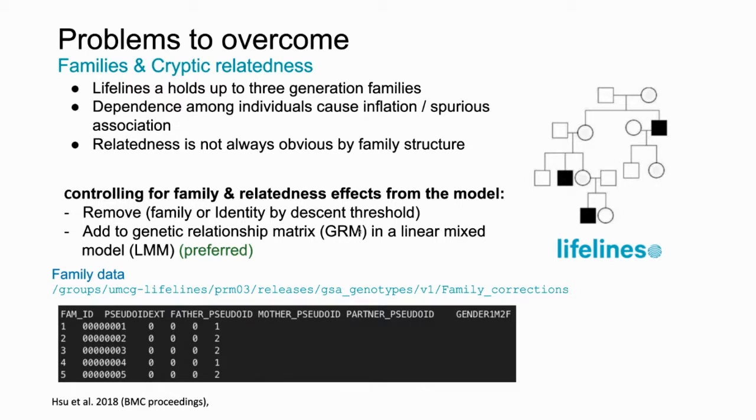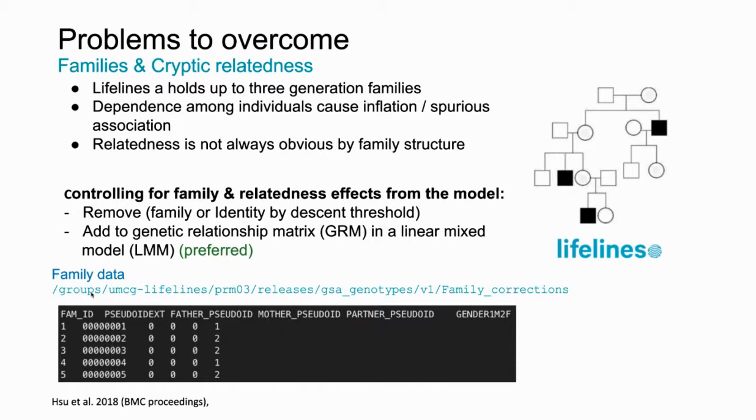That can be added into the model, maybe in a linear mixed model, which takes this as a random effect. So it's a special model for clustered data. You don't really have to care much about that because the software usually has it by default and does it by itself.